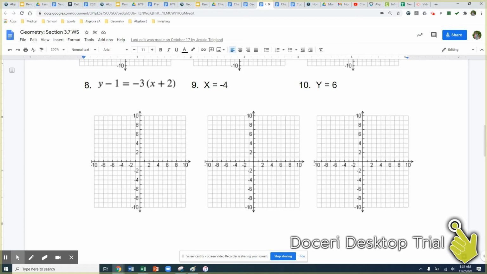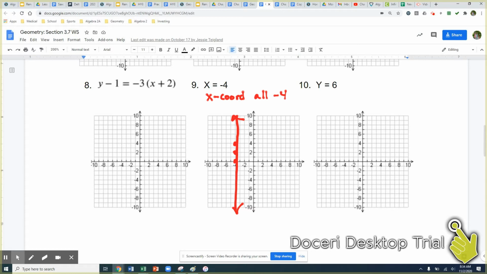When we have an x equals equation, that means my x coordinates are all -4. So if you go to points where x coordinates are -4, 0, -4, 2, -4, 4, we're going to start to see a vertical line. So x equals -4 is going to be a vertical line where all your x coordinates are -4.